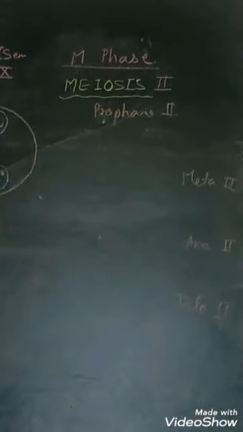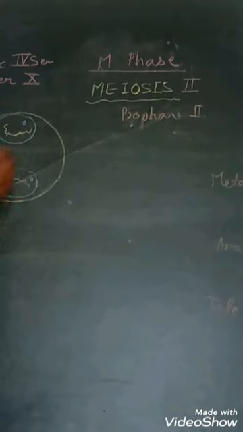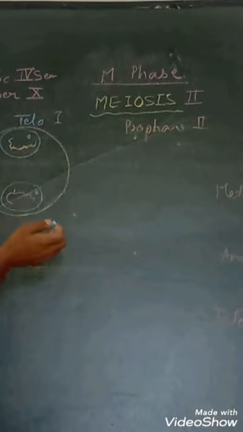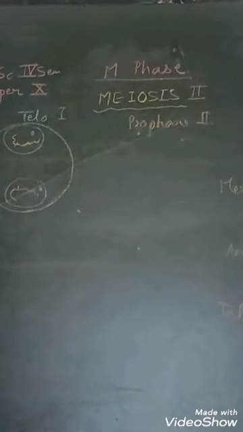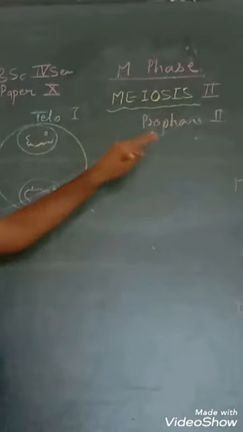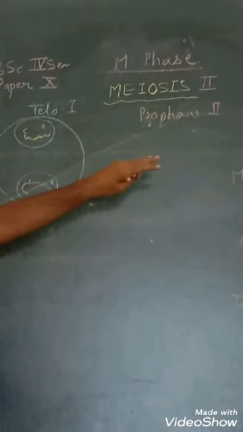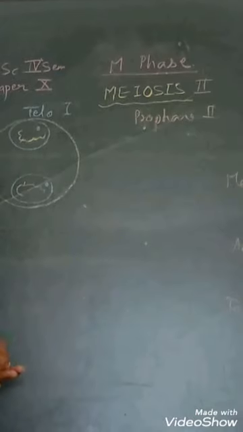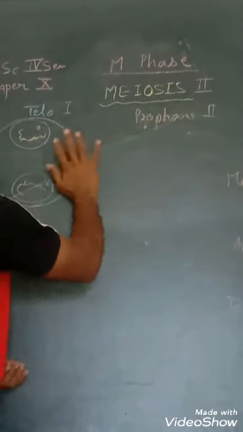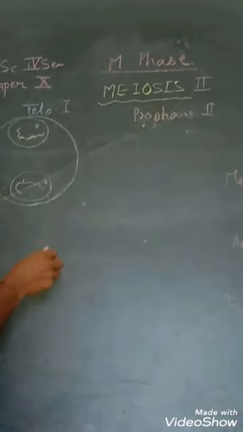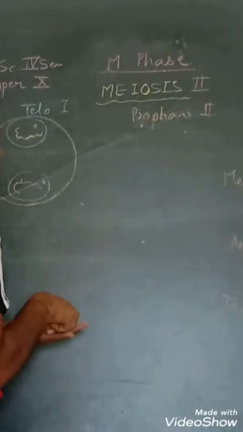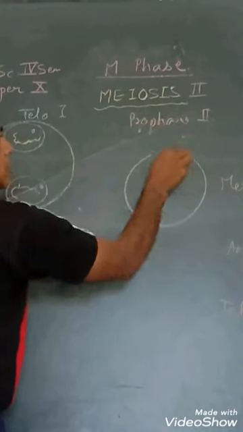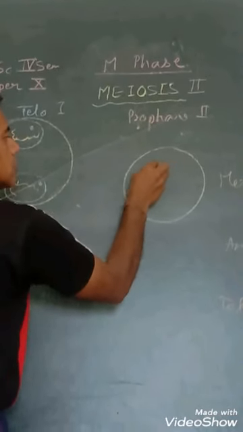Prophase 2 and telophase 1, there is no such difference between them. We cannot distinguish between these two phases. They more or less appear the same. The chromosomes condense, become short, and get arranged on the metaphasic plate like this.